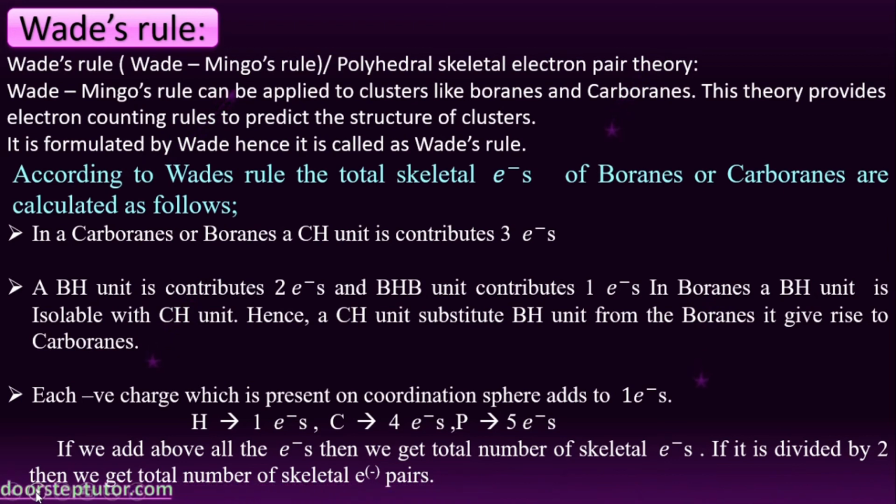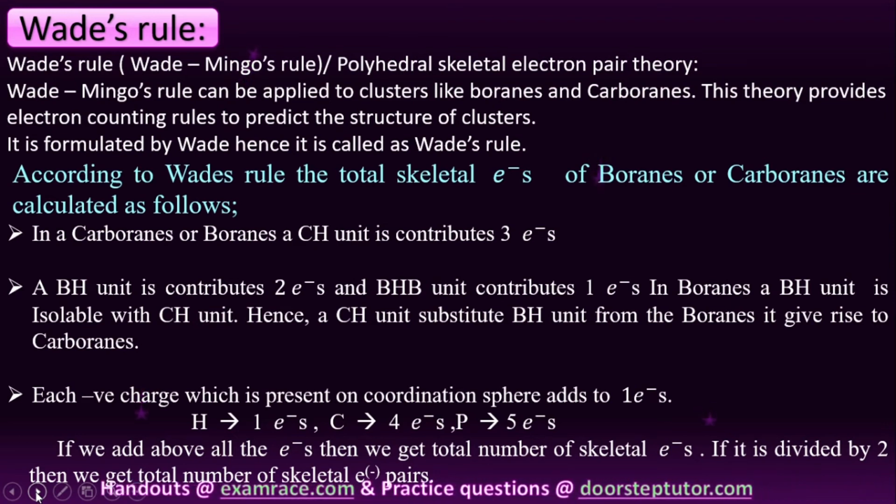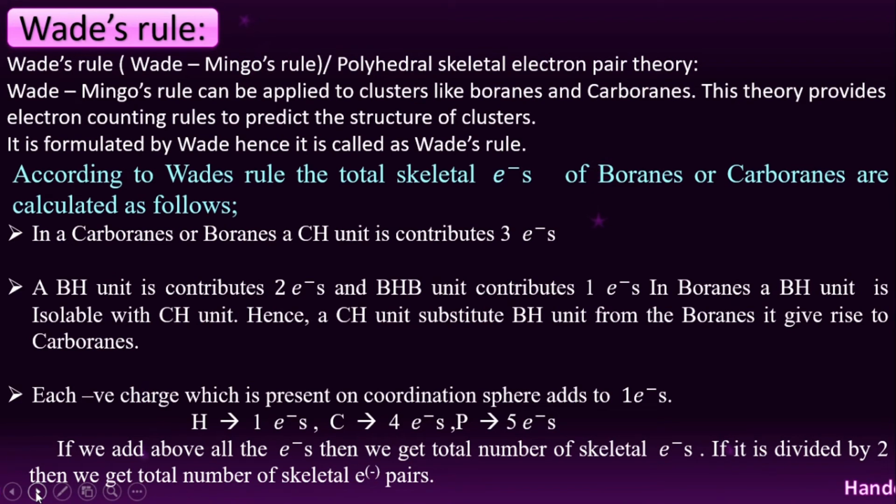In boranes and carboranes, a CH unit contributes 3 electrons to the cluster, a BH unit contributes 2 electrons, and a BHB unit contributes 1 electron.